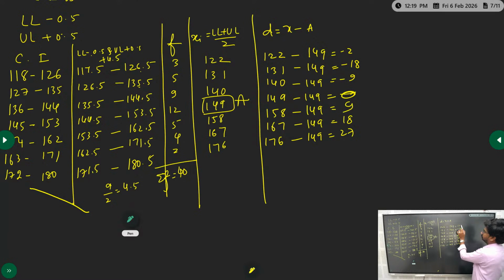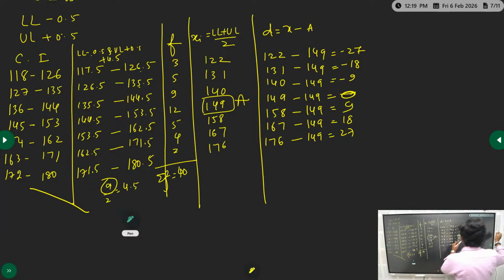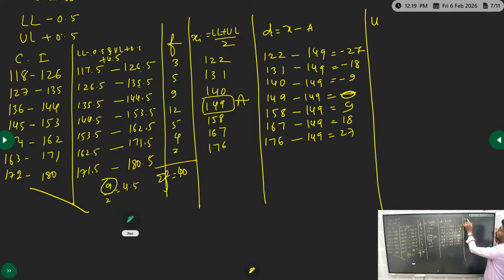If you still want to go for the step deviation method, did we do the step deviation method in class? Yes, sir, one problem. This problem also we will do by step deviation, because we got 9, and they can be cancelled by the 9 table. u is equal to d by h.